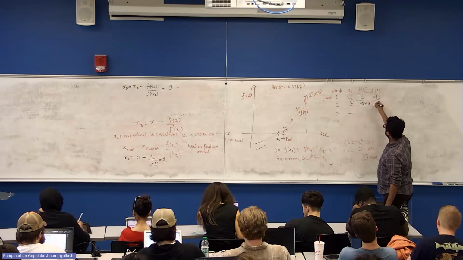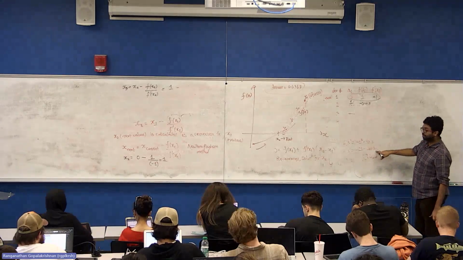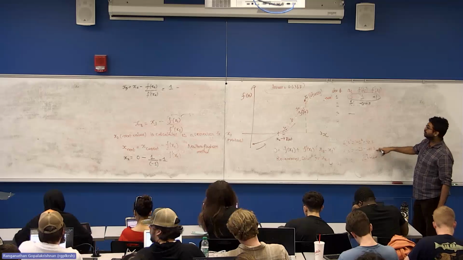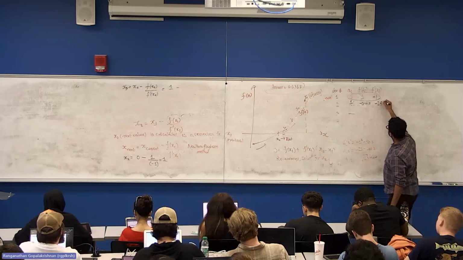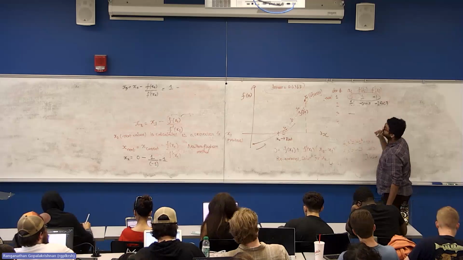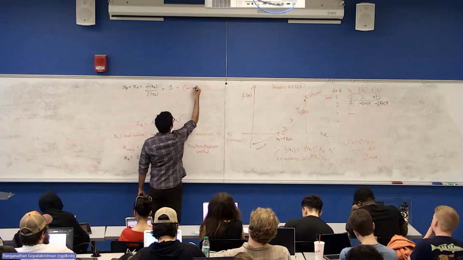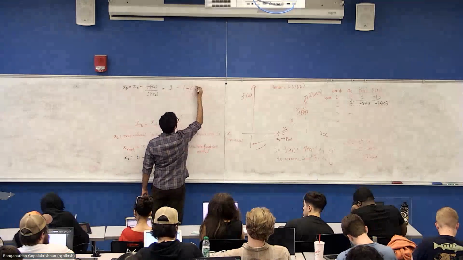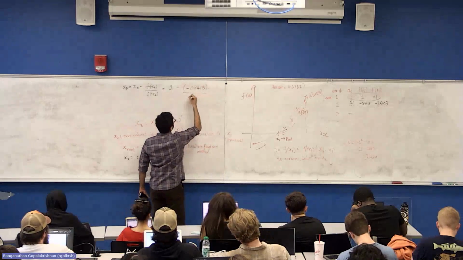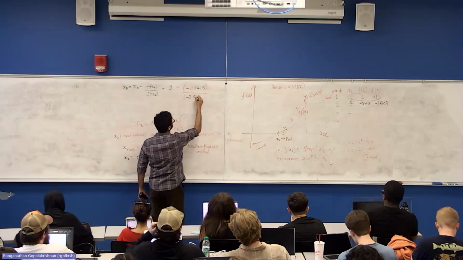And what's the value of the slope at 1? Negative 2.5403. So I have 1 minus 0.8415 divided by negative 2.5403.